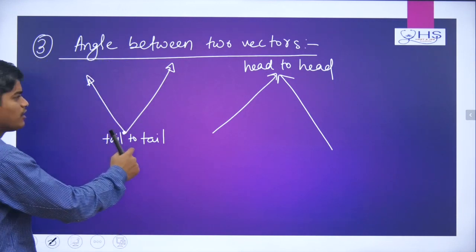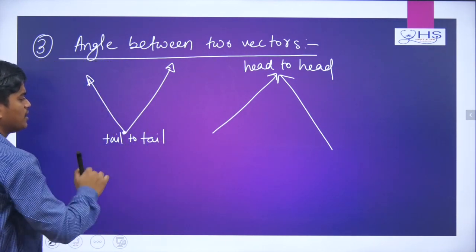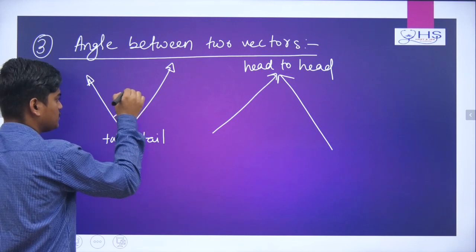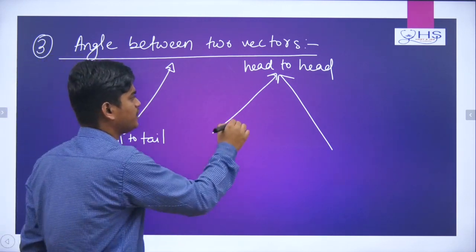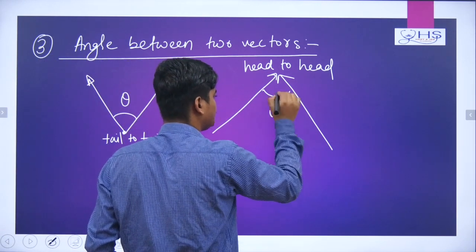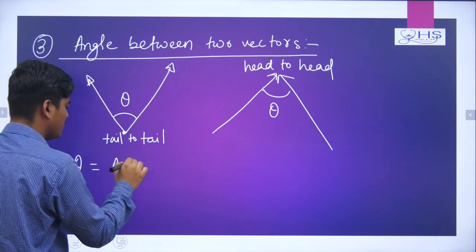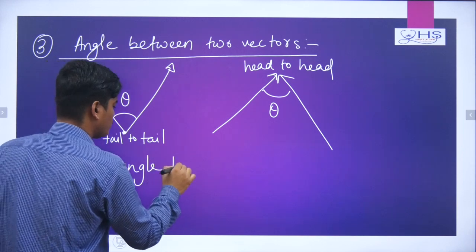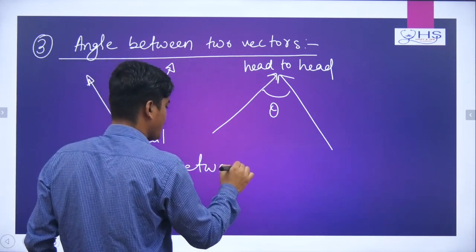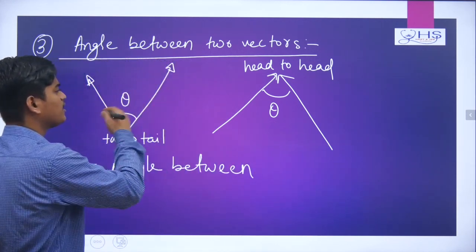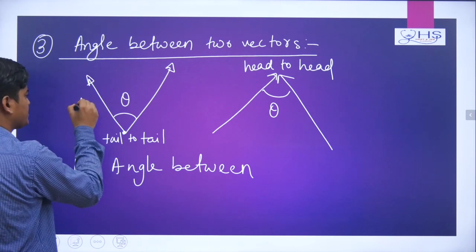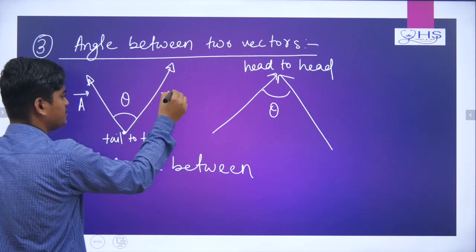Now if the joining is tail to tail or head to head, this angle is called theta, and this angle is also called theta, and theta is the angle between A vector and B vector, or you can say the angle between these 2 vectors. Suppose this vector is A vector and this vector is B vector.